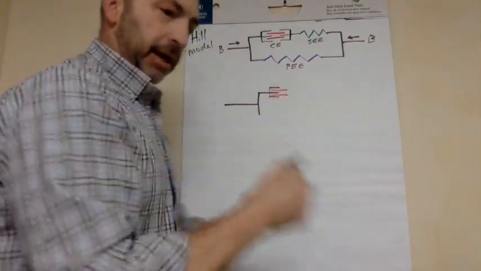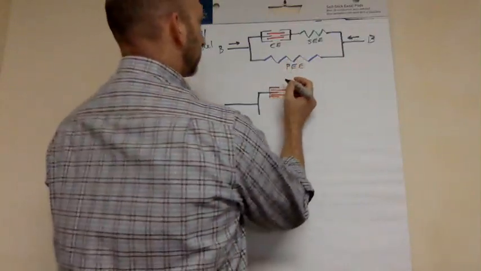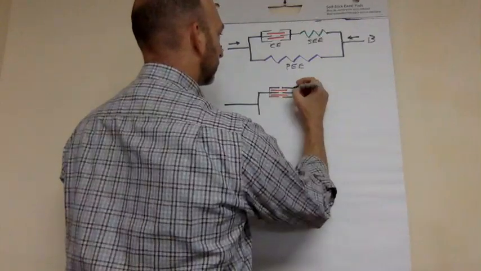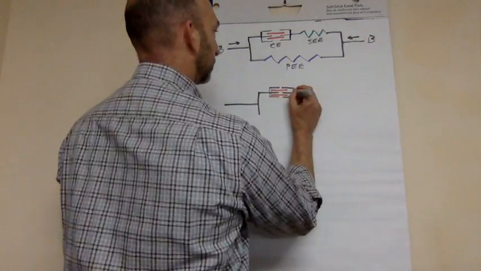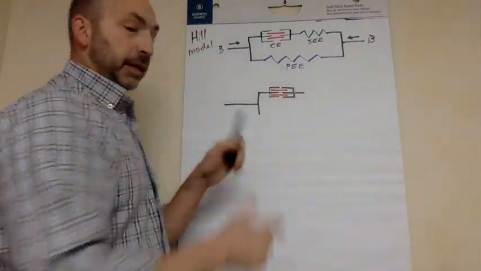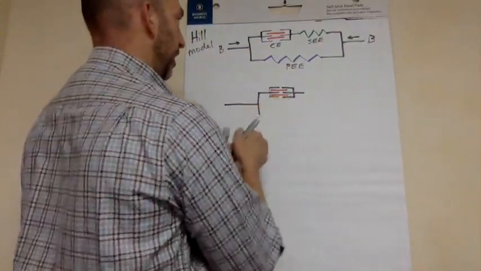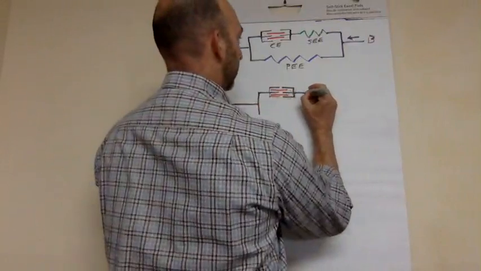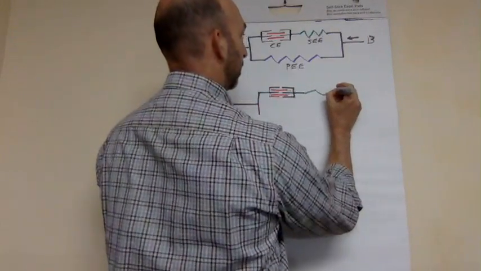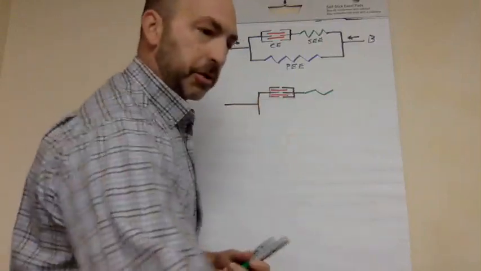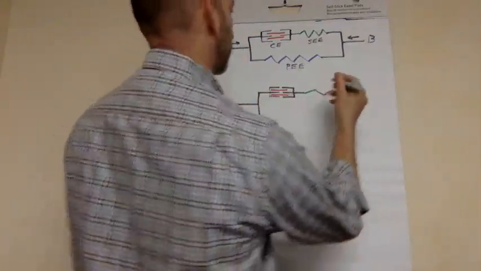I'm trying to keep them the same length. Our series elastic has tension on it because this guy is pulling on it. The contractile element is pulling on it. So we're going to make this look like it's more stretched now. But remember, my ends have to come in, so I want to stop that a little bit short here.